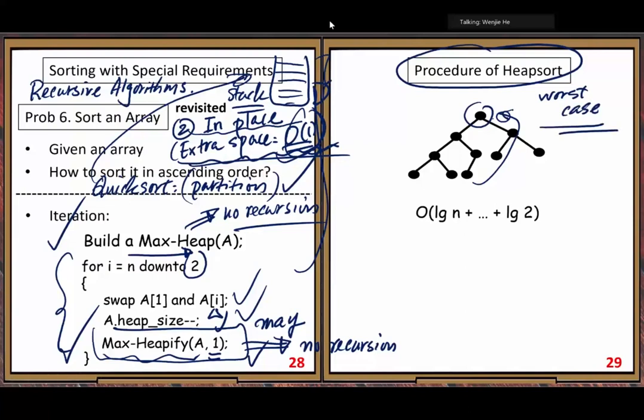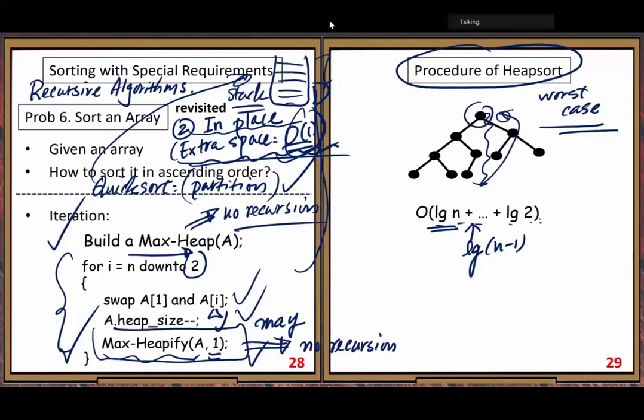The worst case, you run the max heapify from the root to the very bottom, that's big O of n log n. Could be n minus 1, but we just use log n. Next one reduced by 1, so the next term is log of n minus 1. So it's a sum of consecutive log integers.